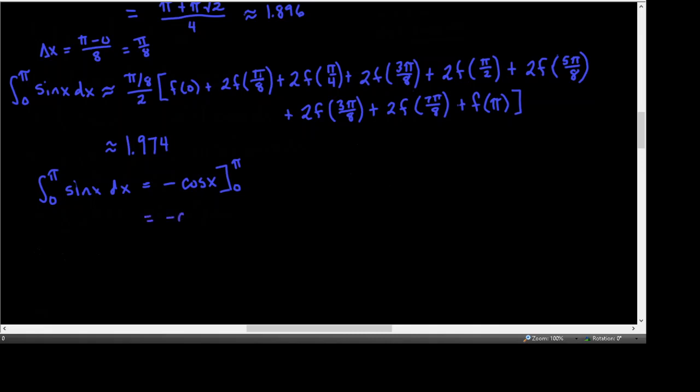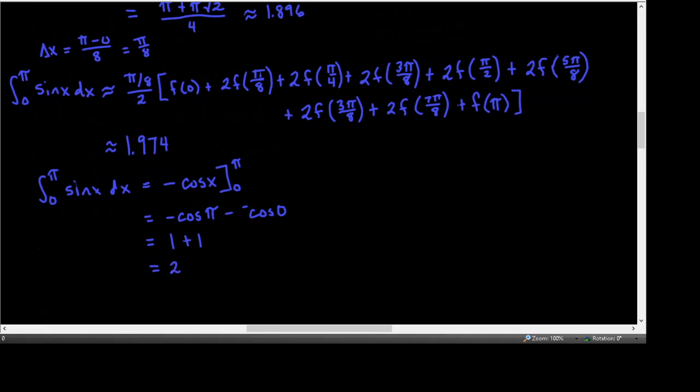So we'll have negative cosine of pi minus negative cosine of 0. Cosine of pi is negative 1. The opposite of negative 1 is 1. Minus a negative becomes plus, and cosine of 0 is 1. And so the actual answer is 2.